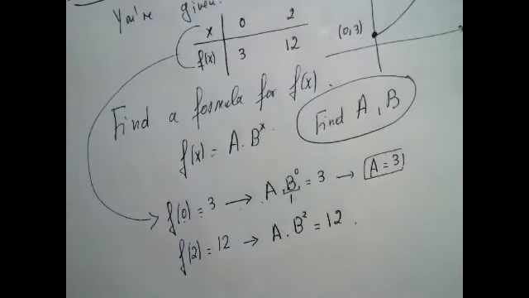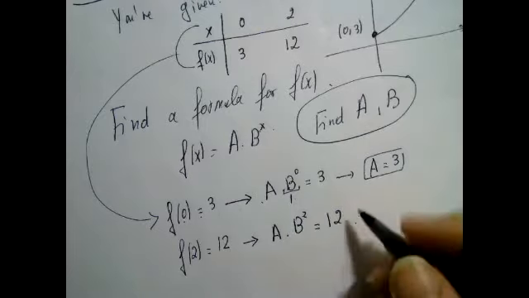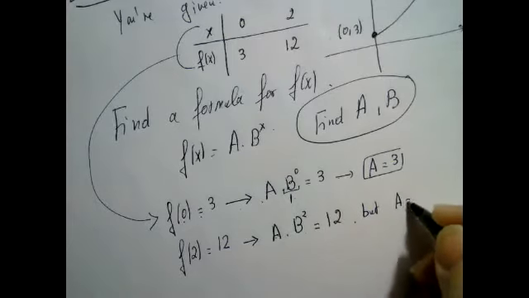I want to start asking 2 questions, so are you guys with me? Can I use this to solve for b? What do you think? Yes. How? You can if you put in the 3 for a. Absolutely correct, a is 3.